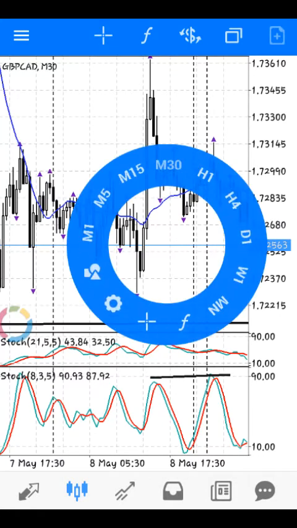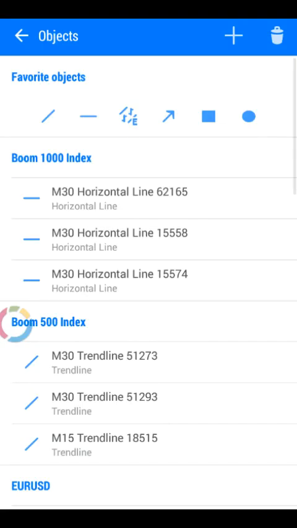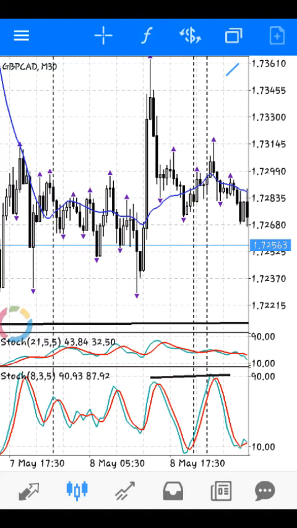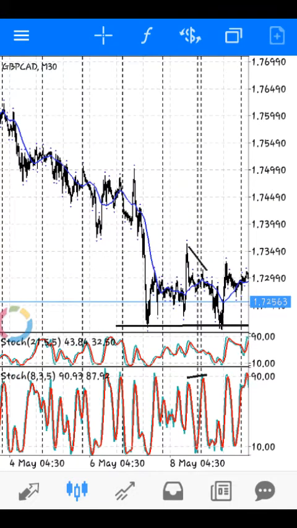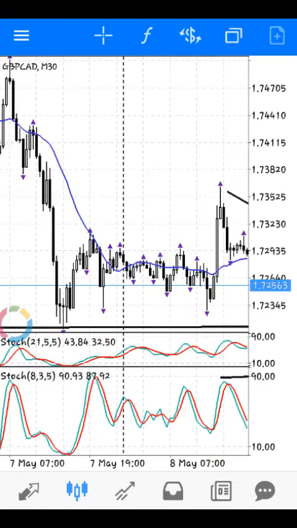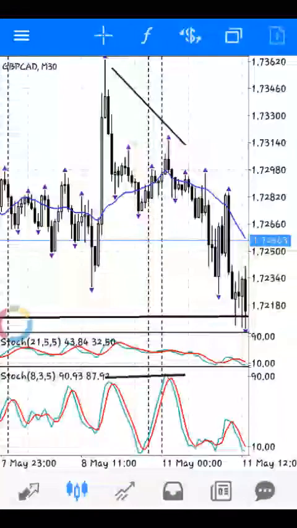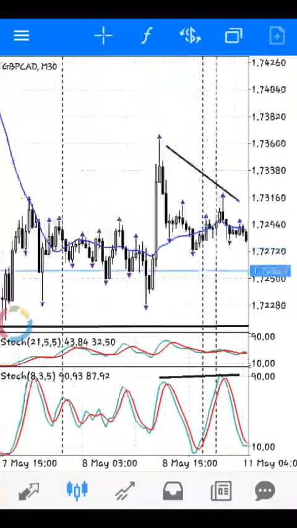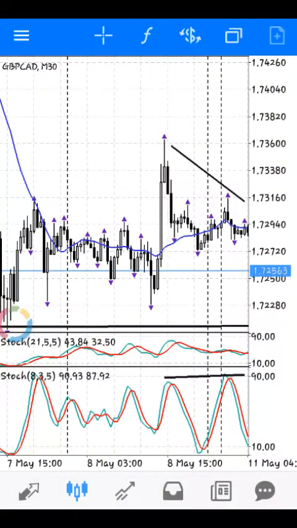Now looking at the price chart, instead we saw the opposite. Price was going downwards like this. Wow, I'm sorry I messed that up. So price was going downwards, the oscillator was going upwards.